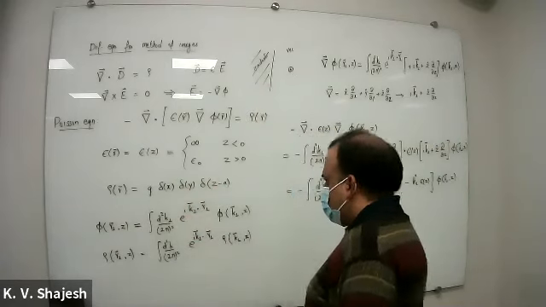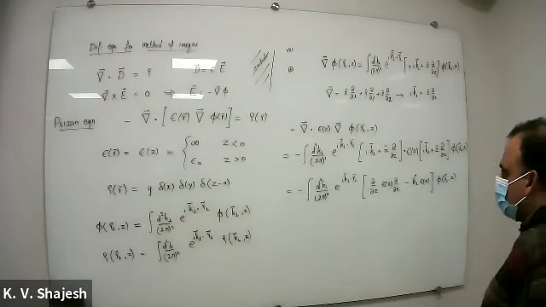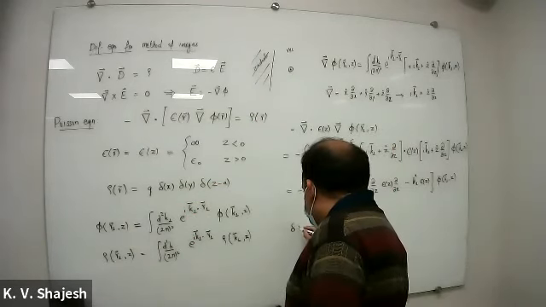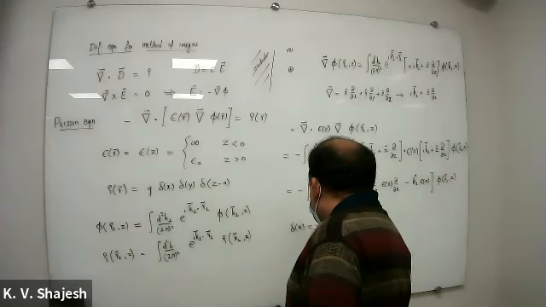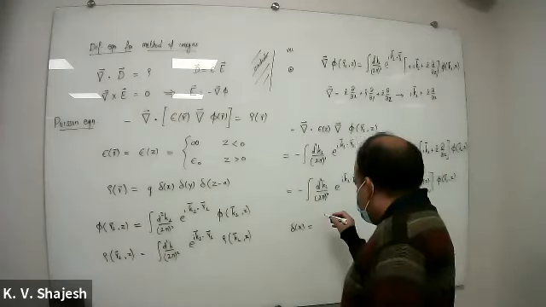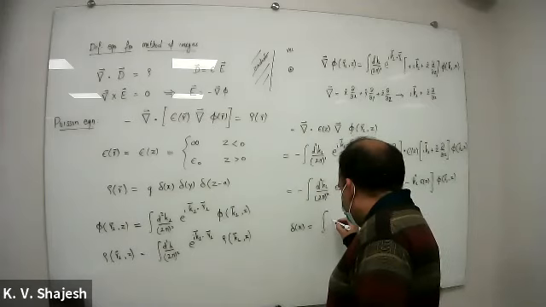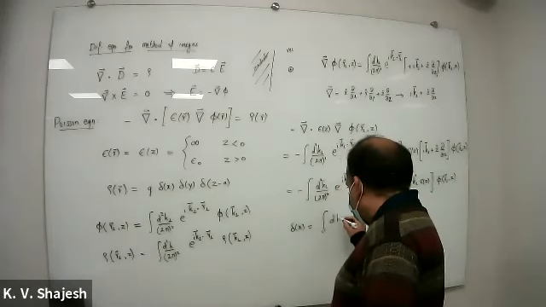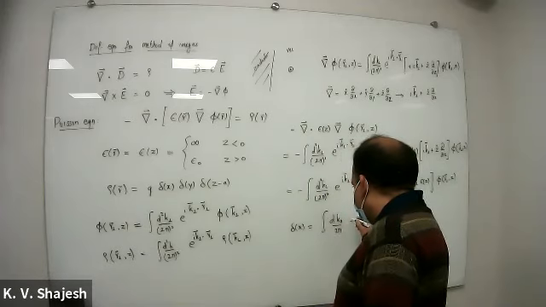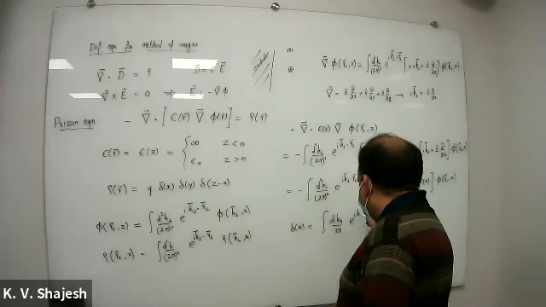So there is a slight simplicity here. Recall that your delta function can be represented in terms of a Fourier transform, and it has a very special Fourier transform. What is the Fourier transform of a delta function?